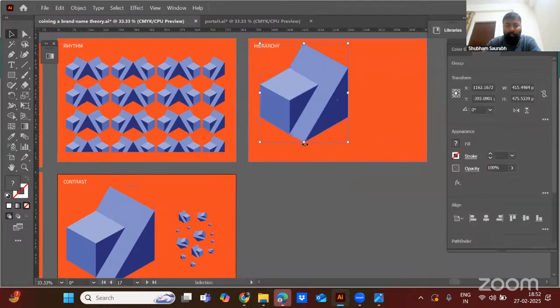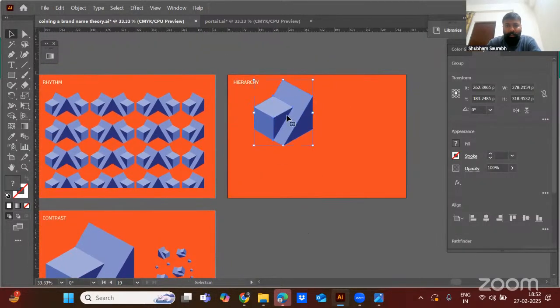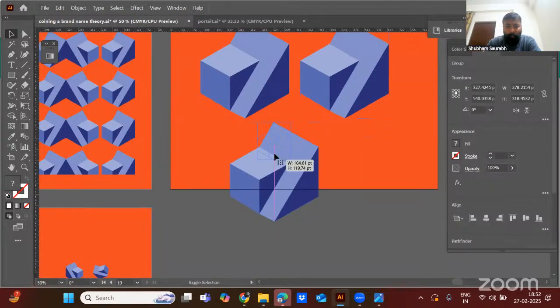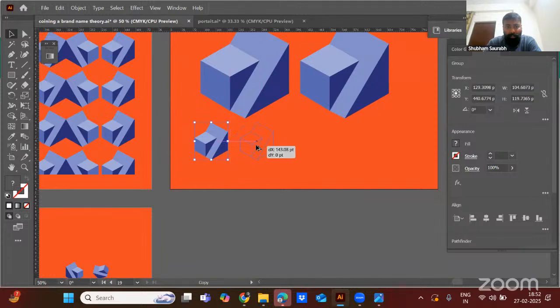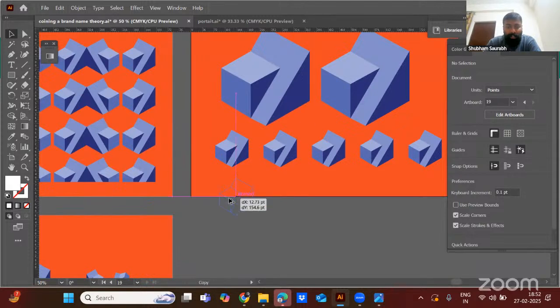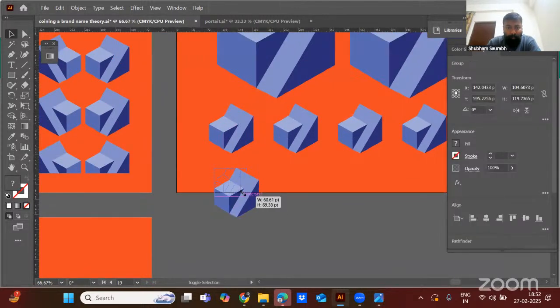So when you keep a particular thing, okay, for example, these two. So you understand, okay, these are something really important, and then you do this thing.